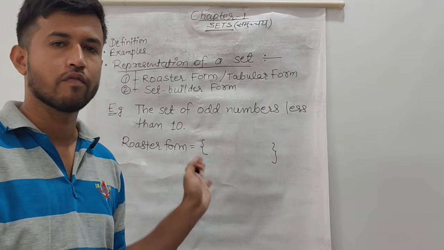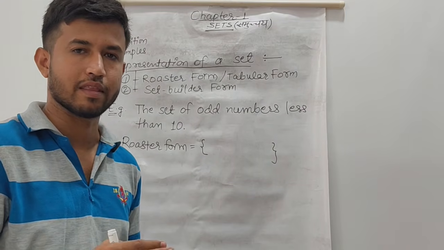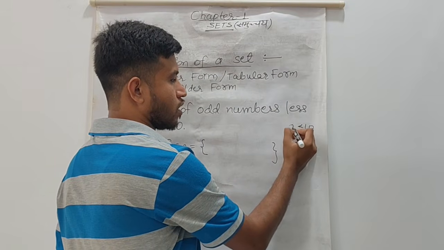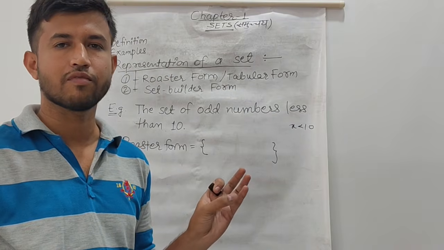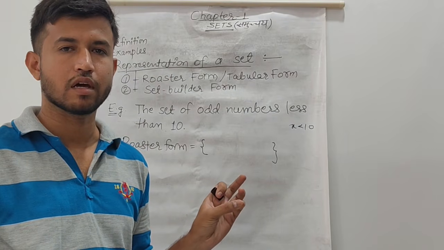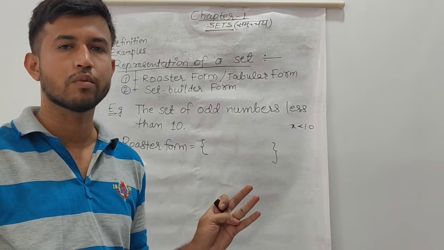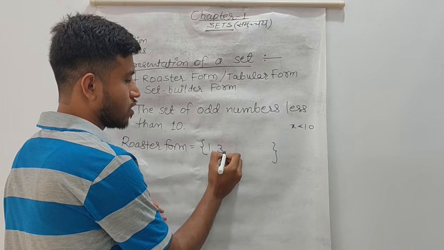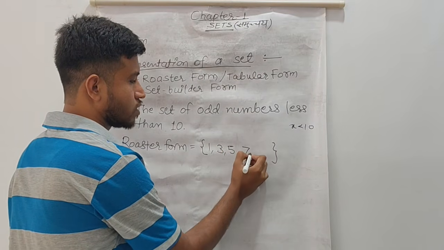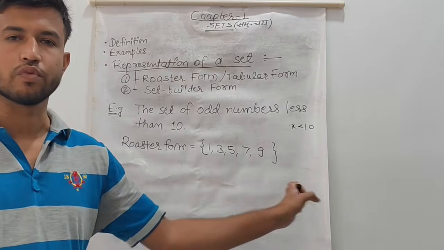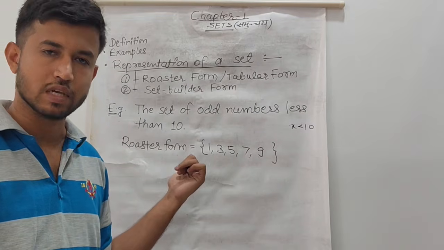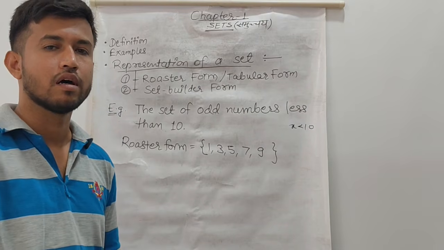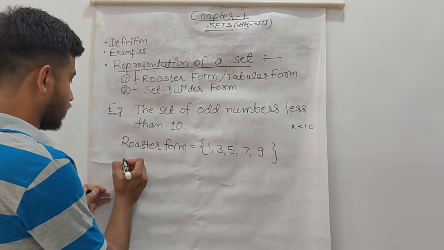Now we know the odd numbers less than 10: 1, 3, 5, 7, and 9. These are the odd numbers less than 10. So this is the representation of a set in roster form. Now we will see set builder form.